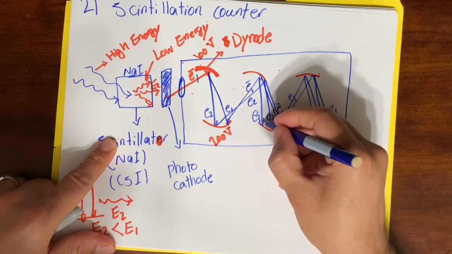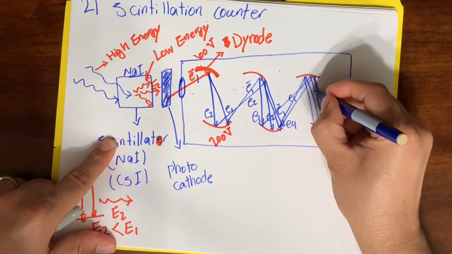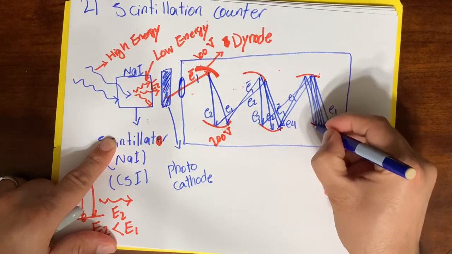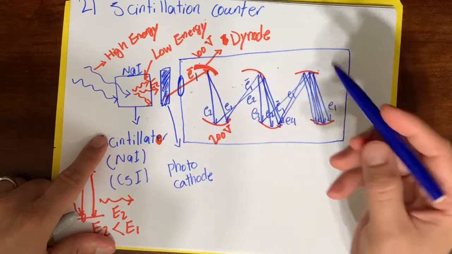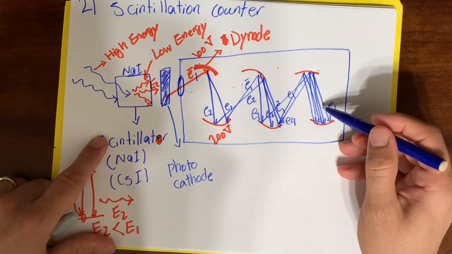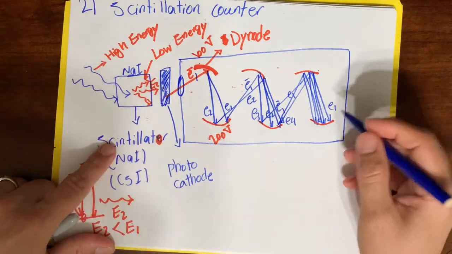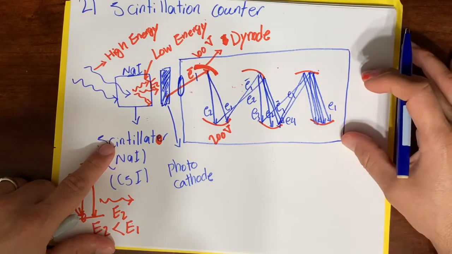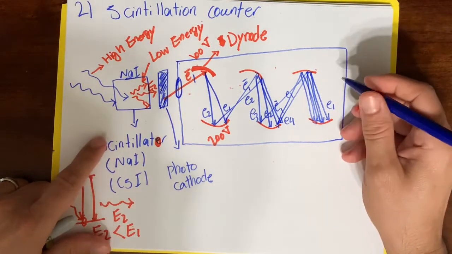Number three, here is number three, got here, and it will eject another electron. I started with only one electron, but check here. Now I have 1, 2, 3, 4, 5, 6 electrons. And if you increase the number of diodes, you will get a really huge number of electrons.